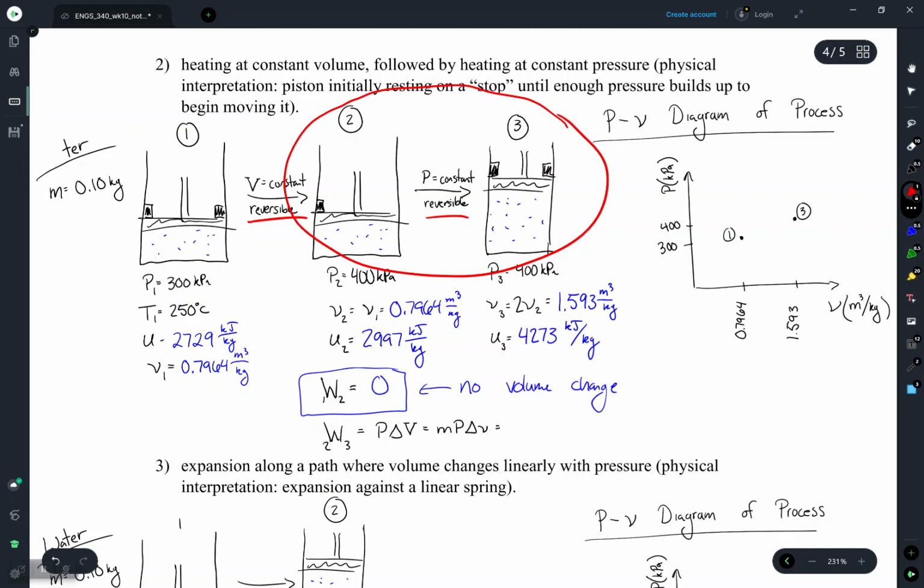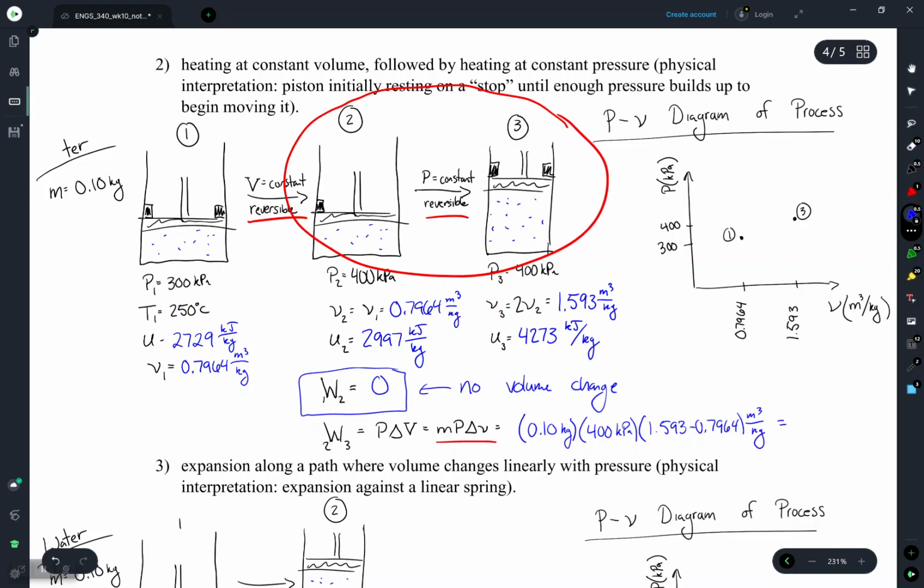Here between 2 and 3, pressure is not changing, so that allows us to simplify our integral equation down to simply something like this. So we can say this is 0.10 kilograms, our mass, times our pressure, which is 400 kPa, times our change in volume, which is 1.593 minus 0.7964 meters cubed per kilogram.